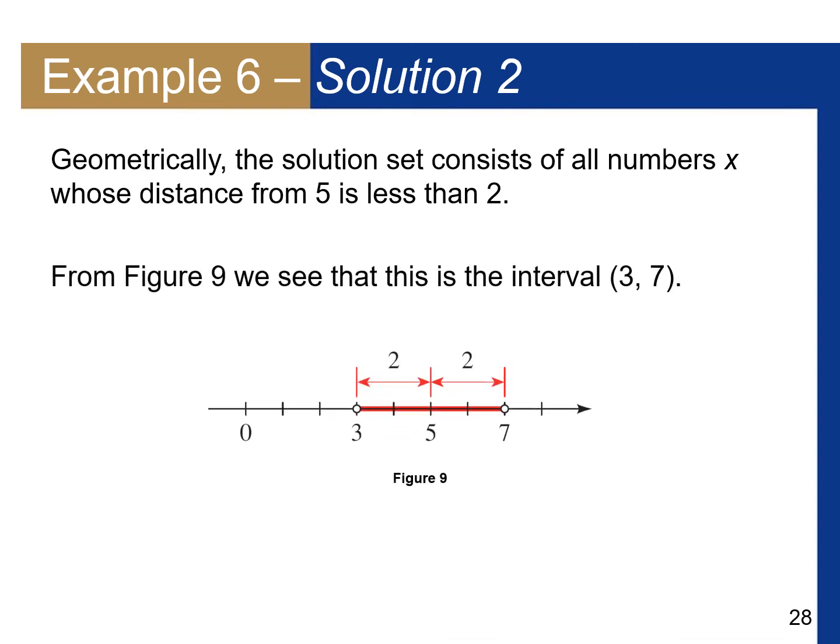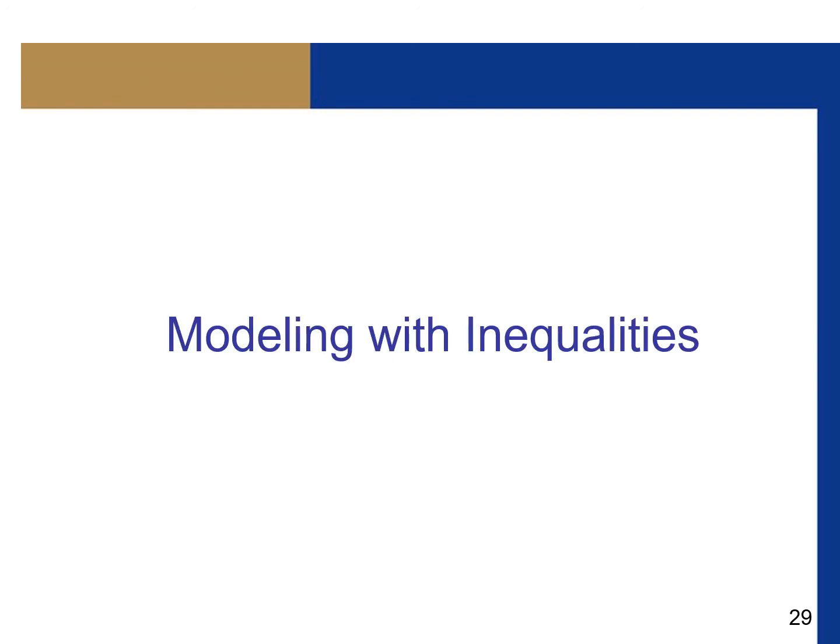So we can see the distance from 5 is going to be less than 2, will be from 3 to 5, but not including 3, and from 7 to 5, but not including the 7. And that's how we get the answer, or can understand the answer, I should say.